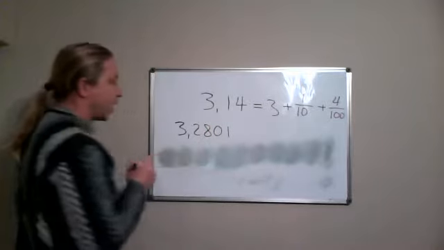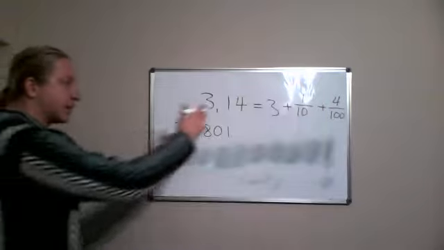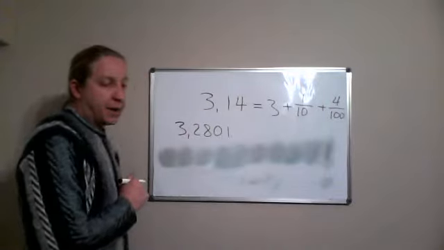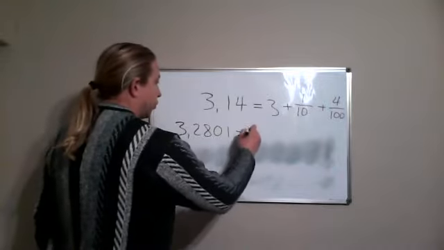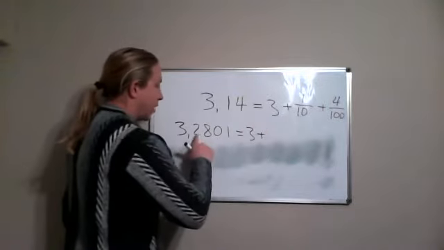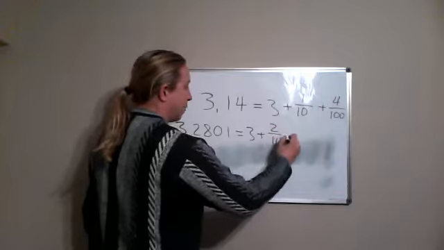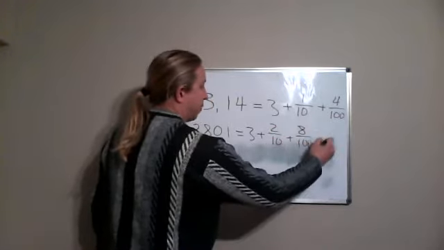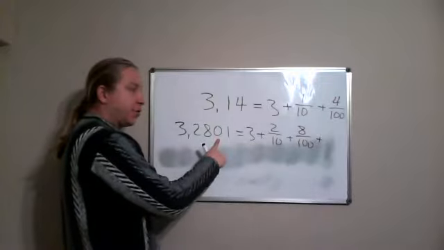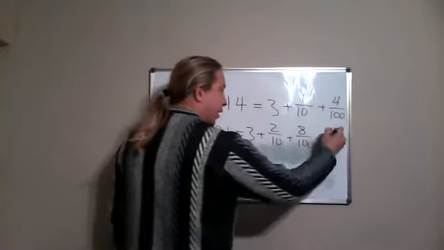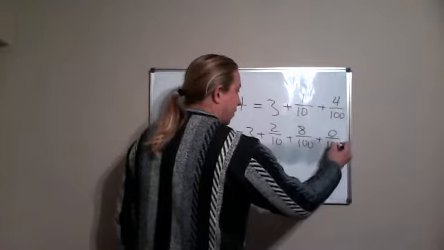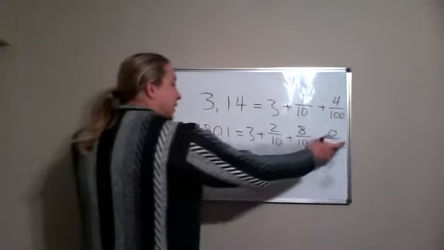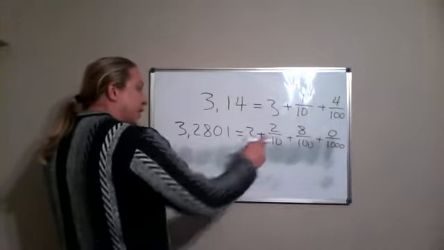Okay, now let's have an example of, let's say we have 3.2801. Okay, and they say write that as a sum of its fractions. Okay, so this will equal to 3 plus, we have 2 over 10 plus 8 over 100 plus, now we have a 0, so we still have to put it in, 0 over 1000. Okay, obviously it's going to simplify to 0, but I want to see it here so that I know that you didn't skip one.